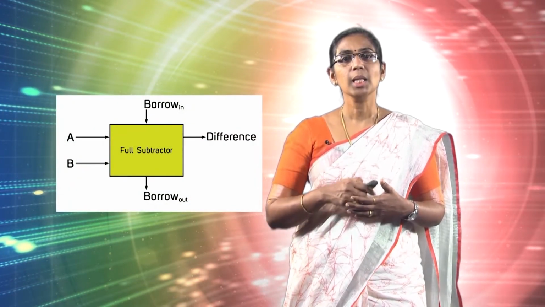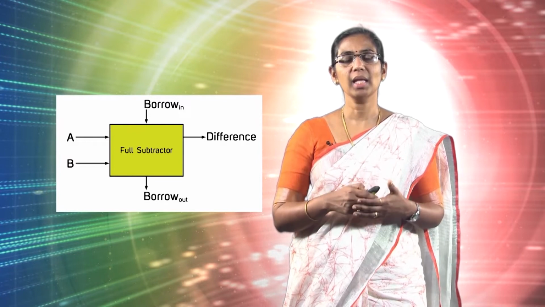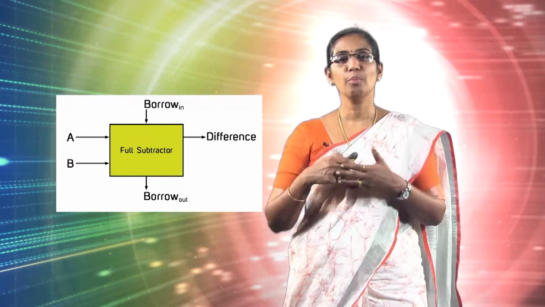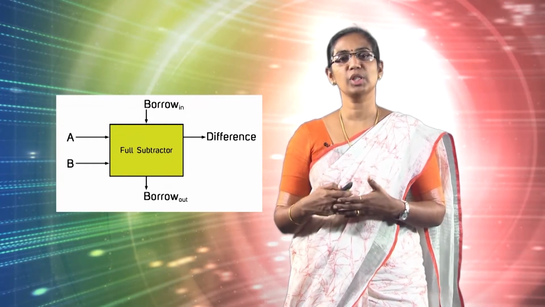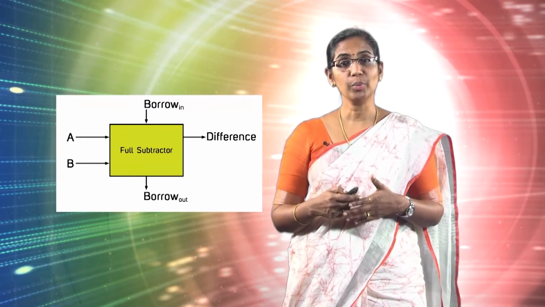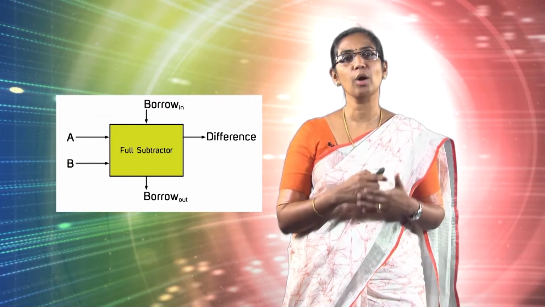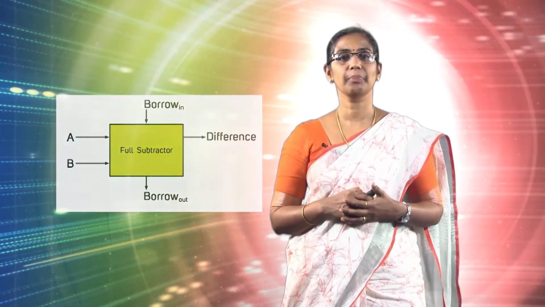The logic symbol of a full subtractor is given here. Here we can see 3 inputs: A, that is the minuend, B, that is the subtrahend, and borrow in, that is the previous borrow. The 2 outputs, difference and borrow out, are the difference and the output borrow respectively.